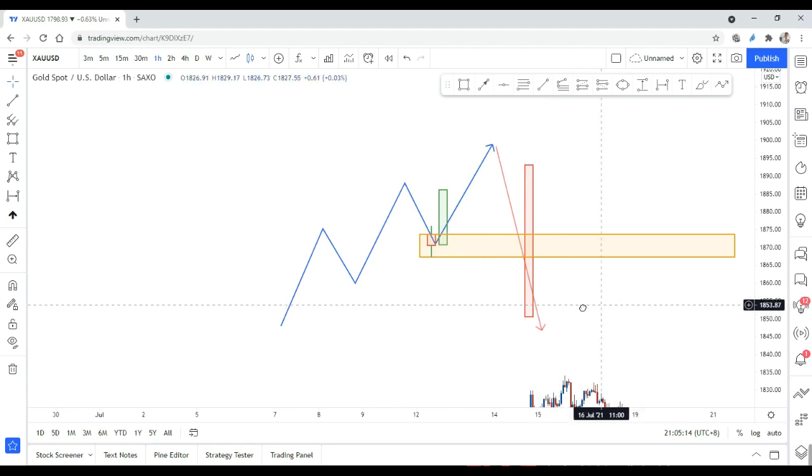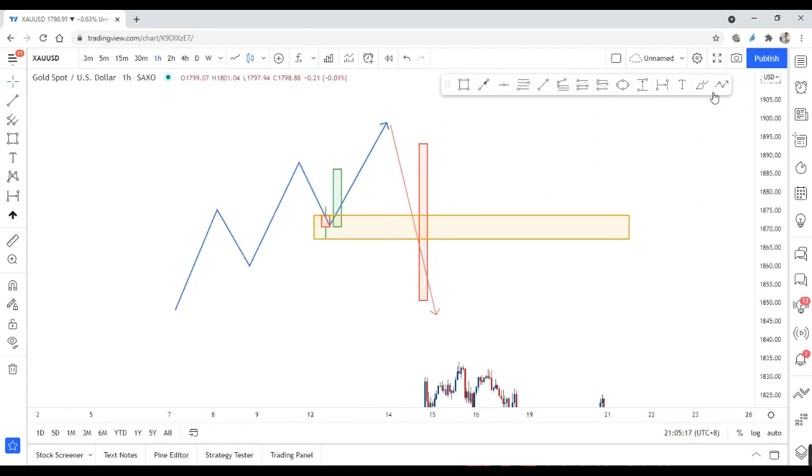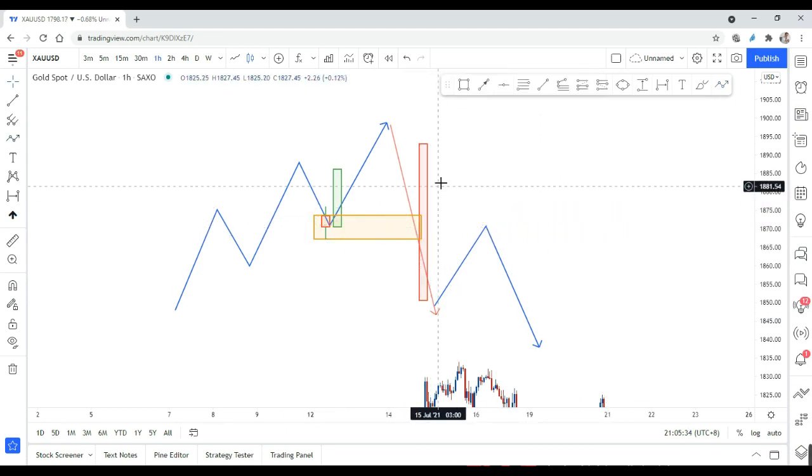So the theory is that the price will likely come back to this area and then continue to drop. But this time, your marking will be a bit different from the previous ones. This is the demand zone, and it has already dropped.